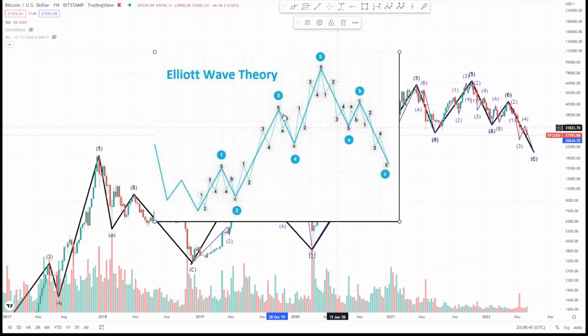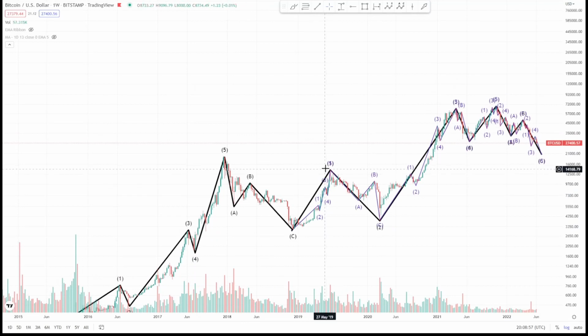But as you can see, most of the time we are generalizing that between the 1 and the 3 wave is normally the place where you do bottom on Elliott wave theory. So once again, you have your 1 bullish impulse, you have your 3 bullish impulse, and you have your 5 bullish impulse.